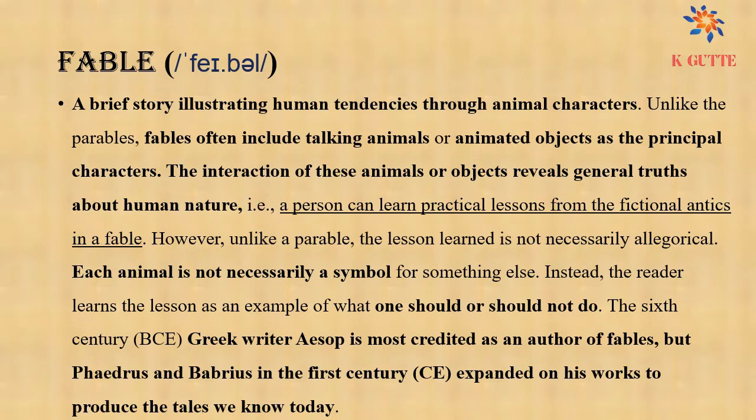The 6th century before Common Era Greek writer Aesop is most credited as an author of fables, but Phaedrus and Babrius in the 1st century expanded on his works to produce the tales we know today.